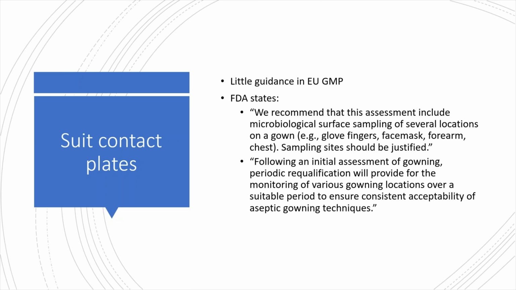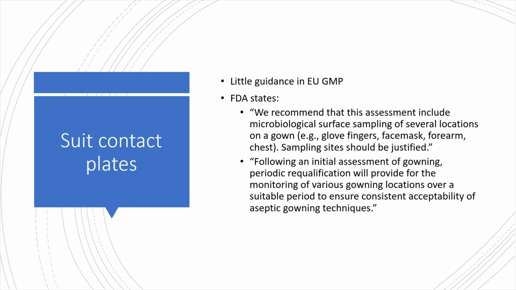In terms of what the regulations are saying, again, there's not really any real guidance in EU GMP, even in the revised Annex 1, but the FDA guidance is a little bit more prescriptive. It talks about several locations on the whole garment system: gloved fingers, face mask, forearm and chest.